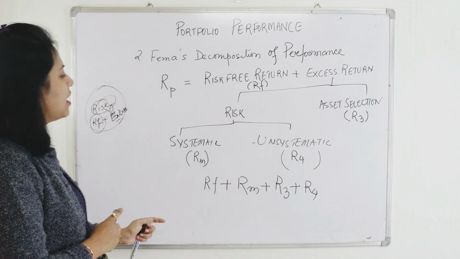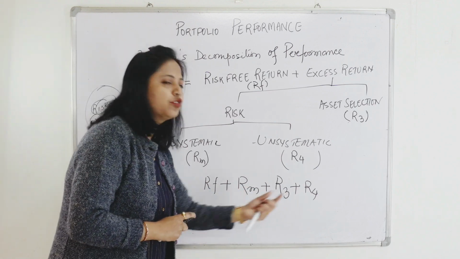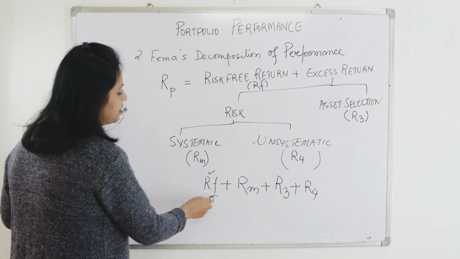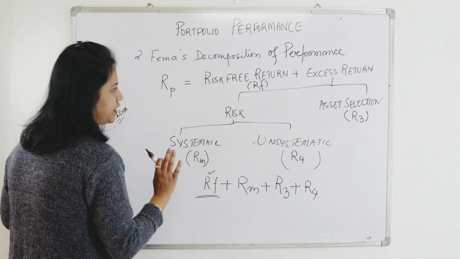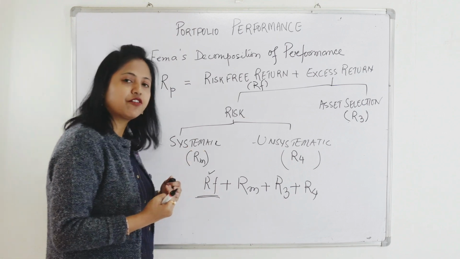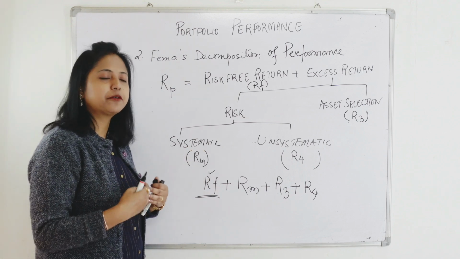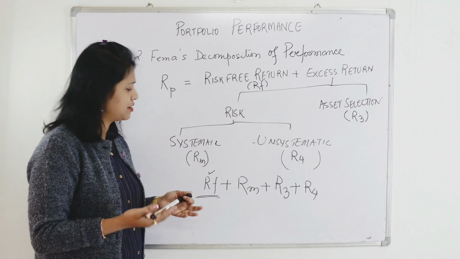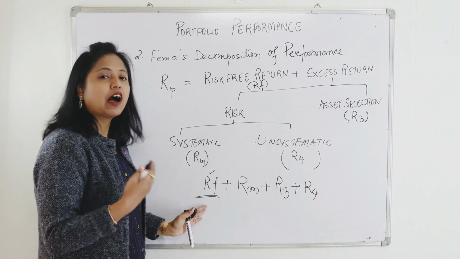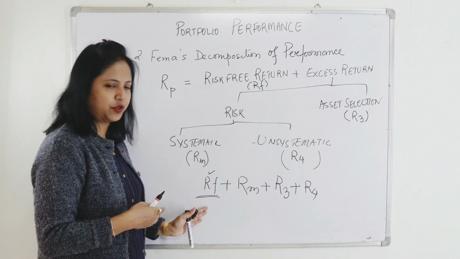Now let's see how you can find out the values of these. Let's talk about the first one, risk-free return. Friends, risk-free return you cannot calculate. You have to find out in the market what rate is prevailing for any secured investment, 100% secured investments. Take for example government deposits or government securities. How much return are they generating for you?